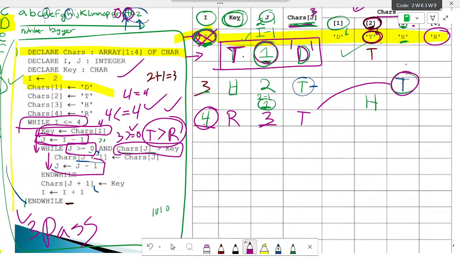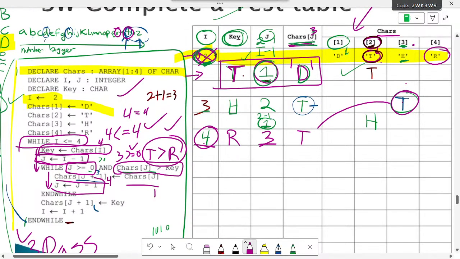Okay? Help me out. Character J plus 1. Right now J is 3. This is 4. What do we need to save in this position? Yes, because right here char J is T. T is put into the fourth location.